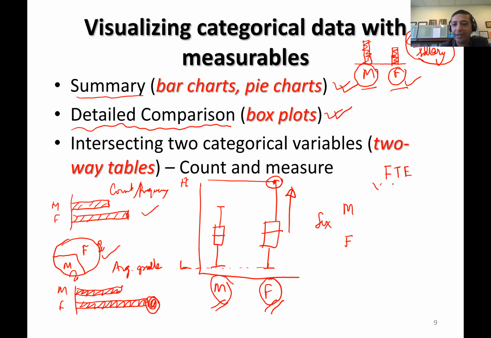So this is a yes versus no. And so now what I have defined here is what we call a two-way table. The two-way table again can be done in two forms.